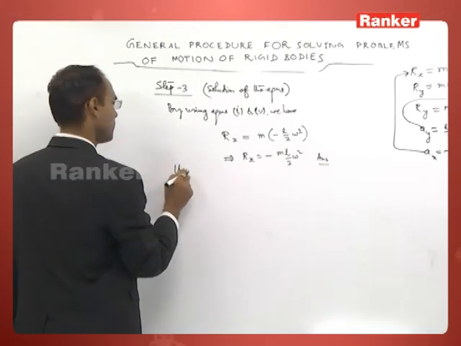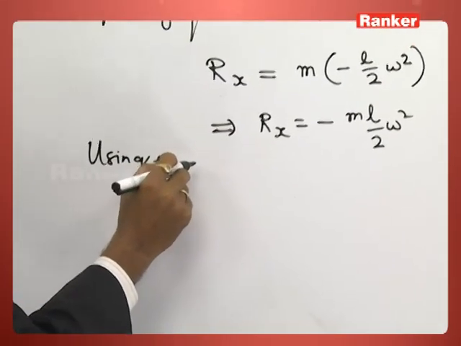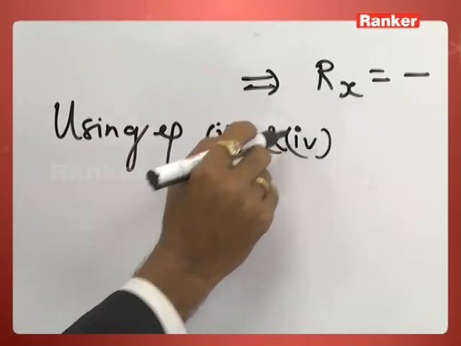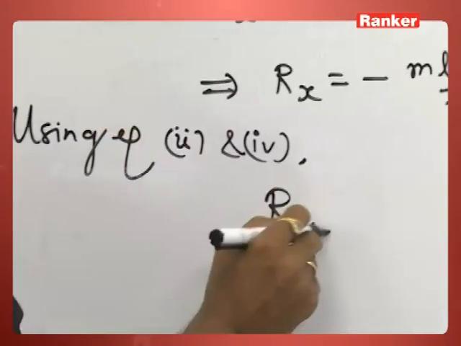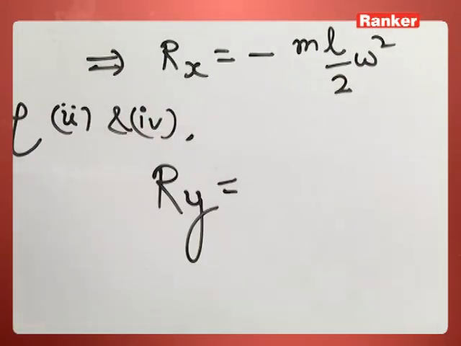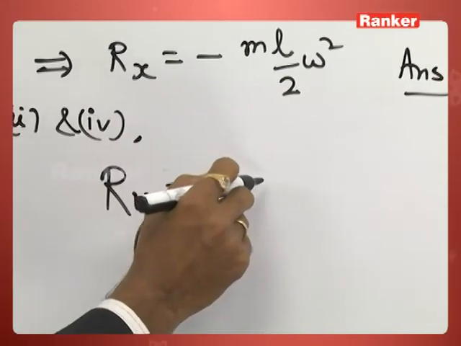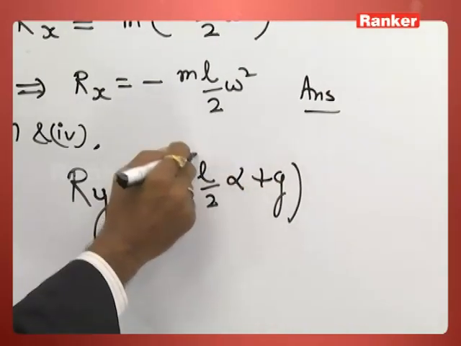Using equations number 2 and 4, we have Ry is equal to m into L by 2 into alpha plus g.